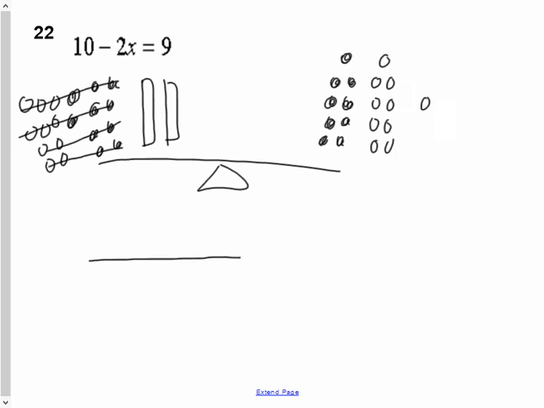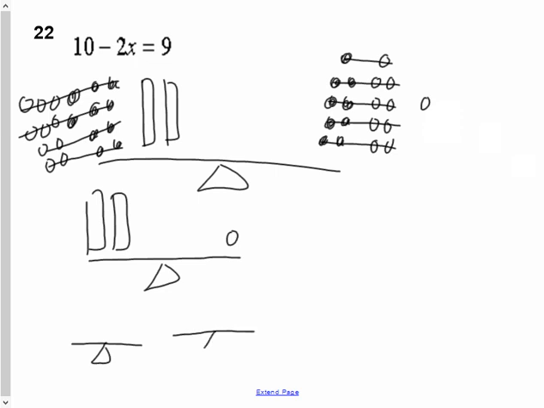leaving me with 2 negative x's is equal to, watch this now, negative 1, right? Now here's where it gets complicated with the drawing. And I'm okay if you didn't draw it properly because it doesn't really matter. Then each of these negative x's is equal to half a negative.